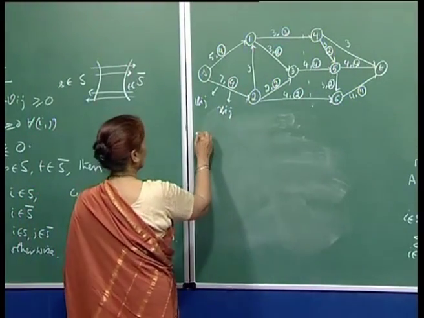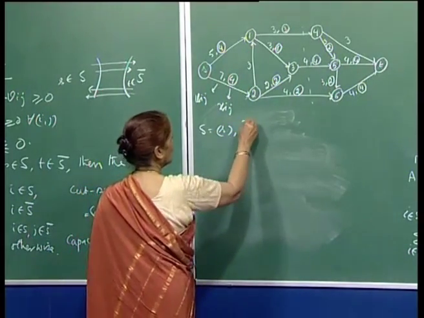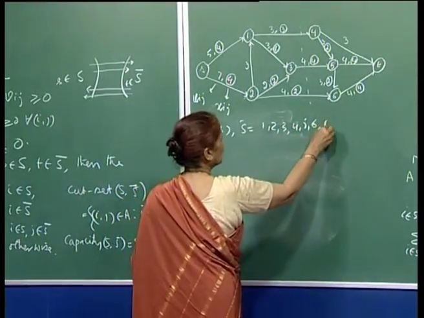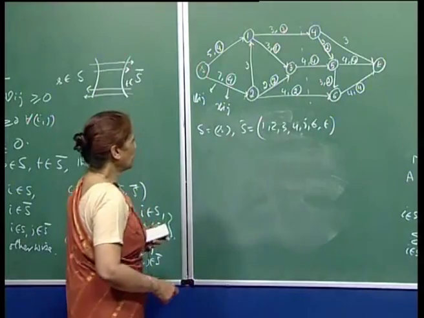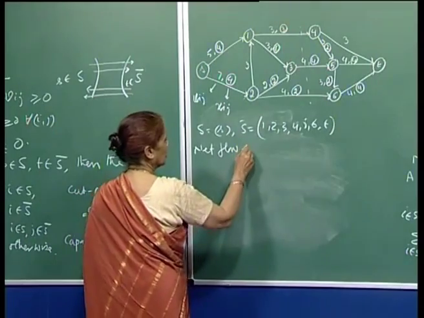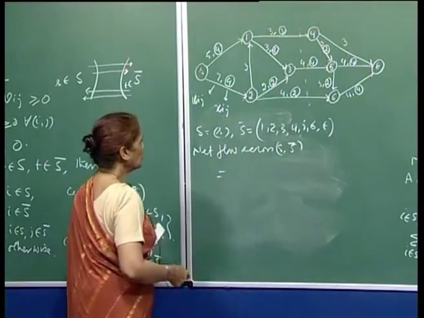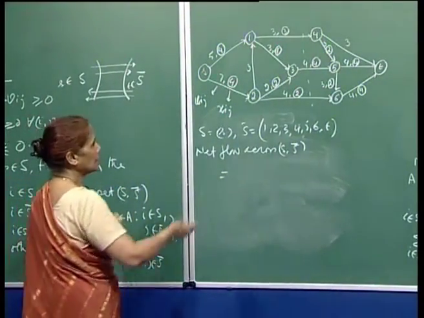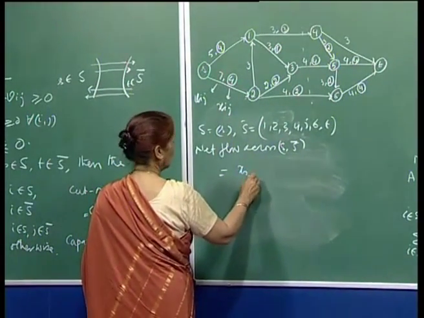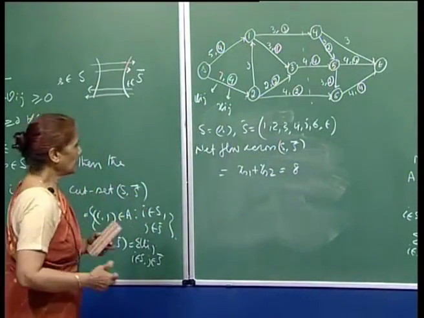Look at the cut where S is simply s, and S bar will therefore be 1, 2, 3, 4, 5, 6 and t. What is the net flow across this cut? Remember, we have to look at the forward arcs. In this case there are no backward arcs, therefore the net flow is simply x_s1 plus x_s2, which is 8 units. This is the flow across the cut.